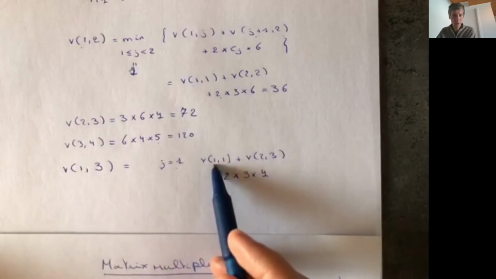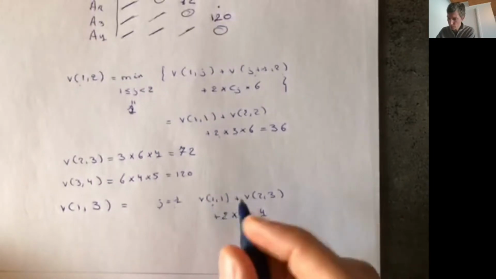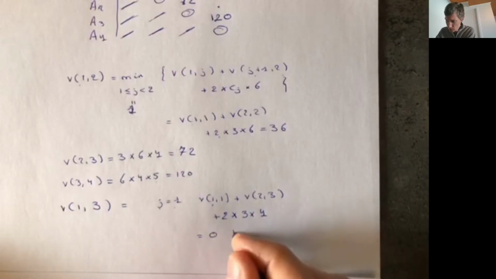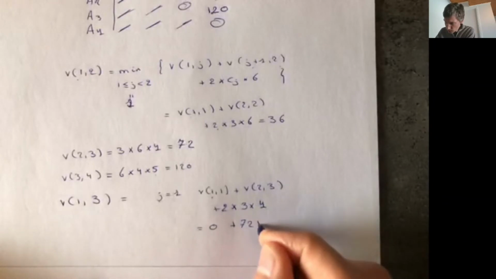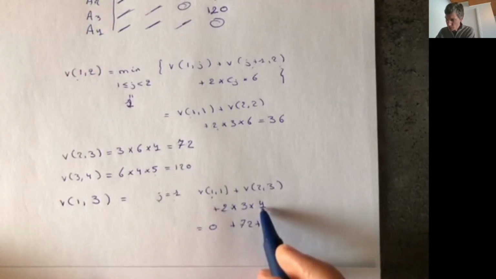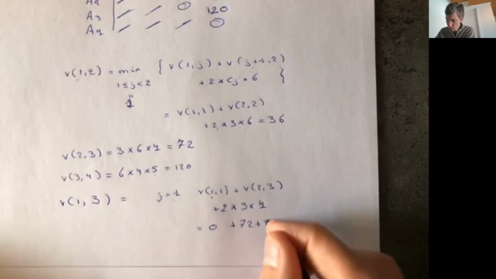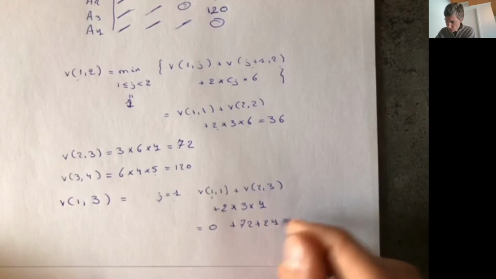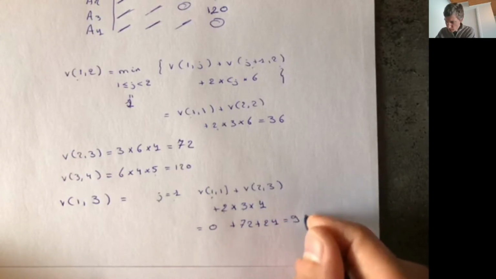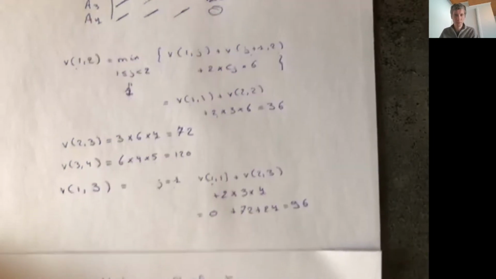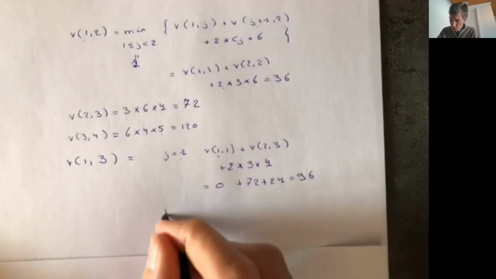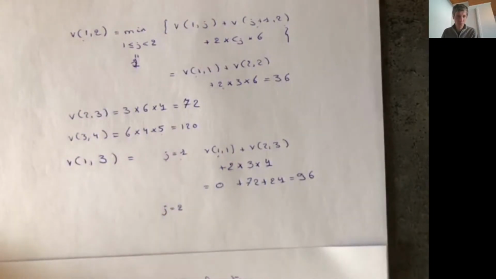And now we already know these values. V1,1 is equal to 0, V2,3 is equal to 72, and this 2 times 3 times 4 is 6 times 4 is 24. So this is 96.